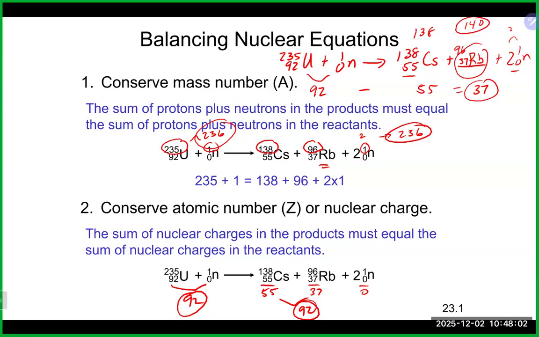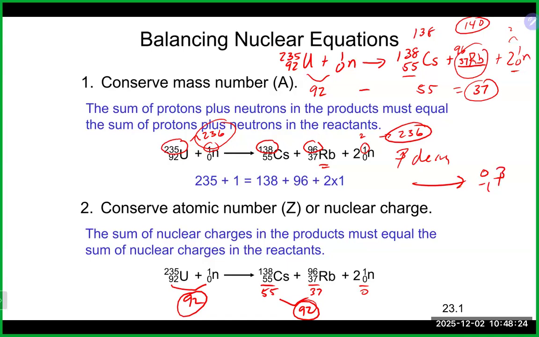Now, a couple of terms that are used when you're dealing with balancing nuclear equations: if it goes through beta decay, that means it will give off a beta particle, so on the product side, you should have a beta particle.